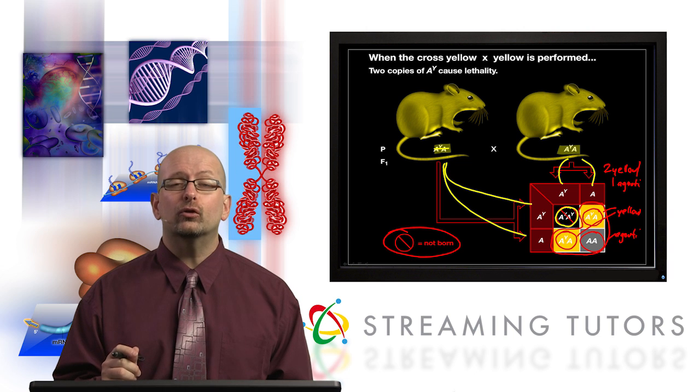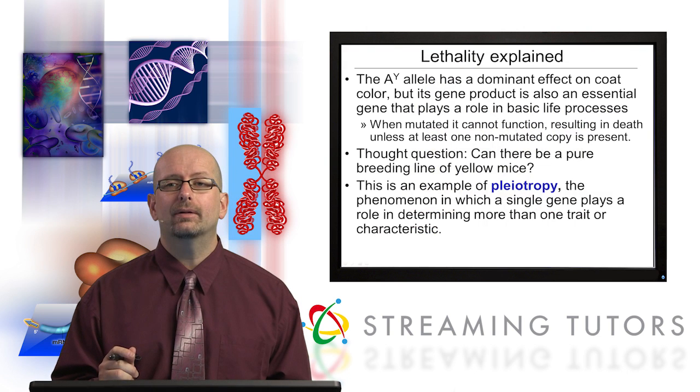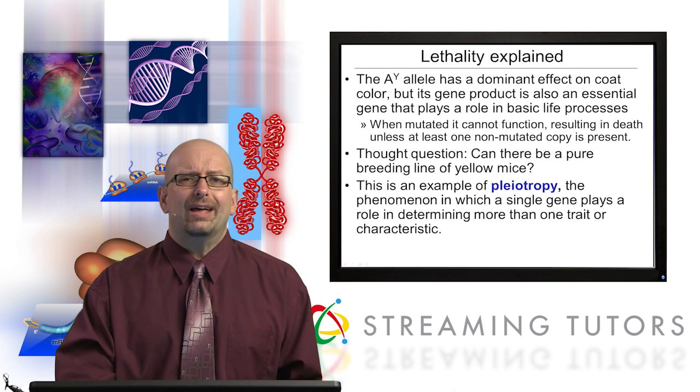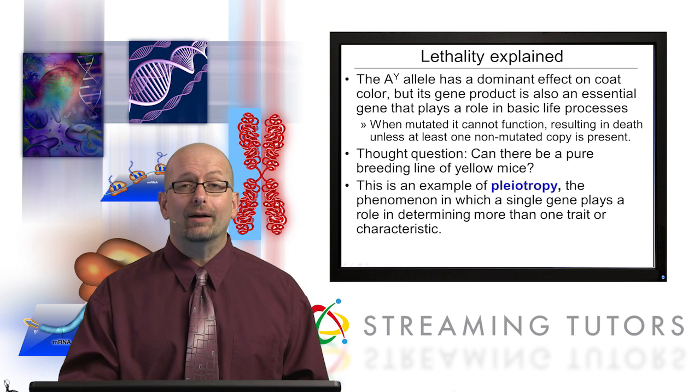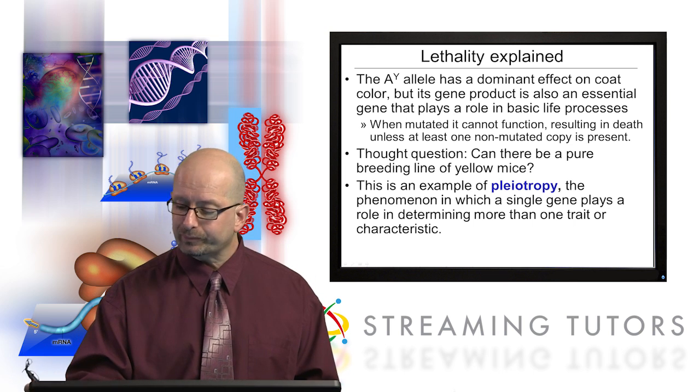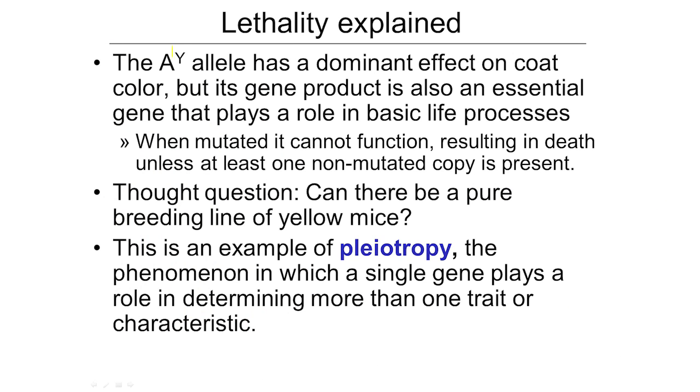Now, this also leads to a concept that I want to get out there. Why does this happen anyway? I mean, what the heck does coat color have to do with dying if there's too much of this allele? So it turns out that this AY allele has a dominant effect on coat color, but that's almost like a side effect, whatever this does, and it's very complicated.